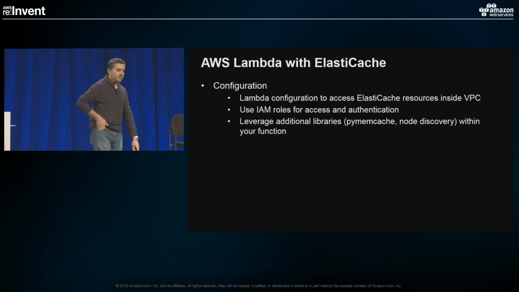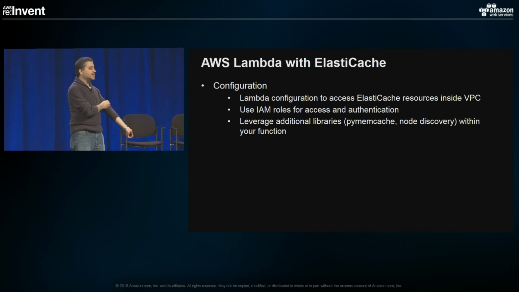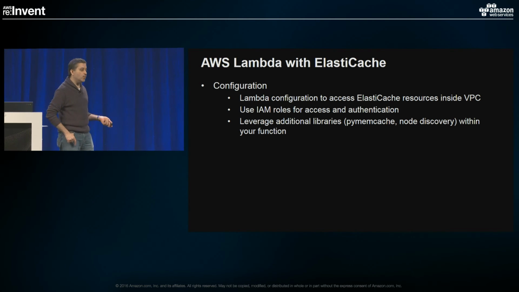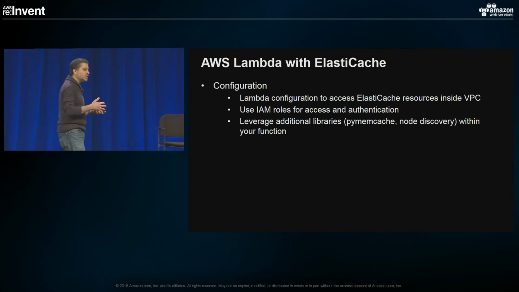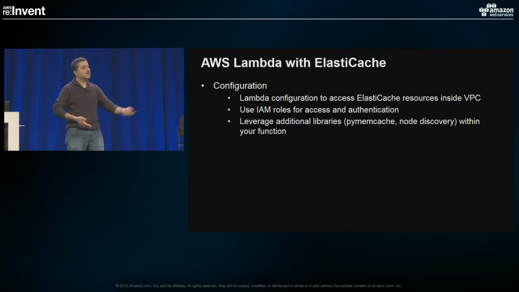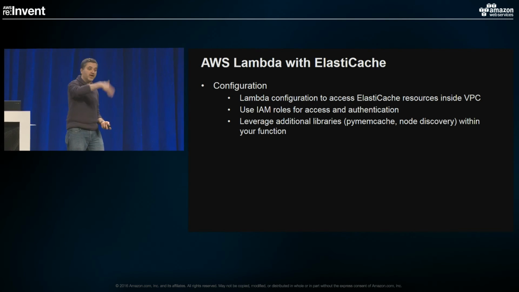And whenever you're writing Lambda functions for ElastiCache access, try to take advantage of some of the libraries that are provided. Node library, node discovery, PyMemcache allow you to actually have the Lambda function discover the ElastiCache cluster nodes within your function so that it does not have to go and look for the nodes and things like that, especially in failure conditions.